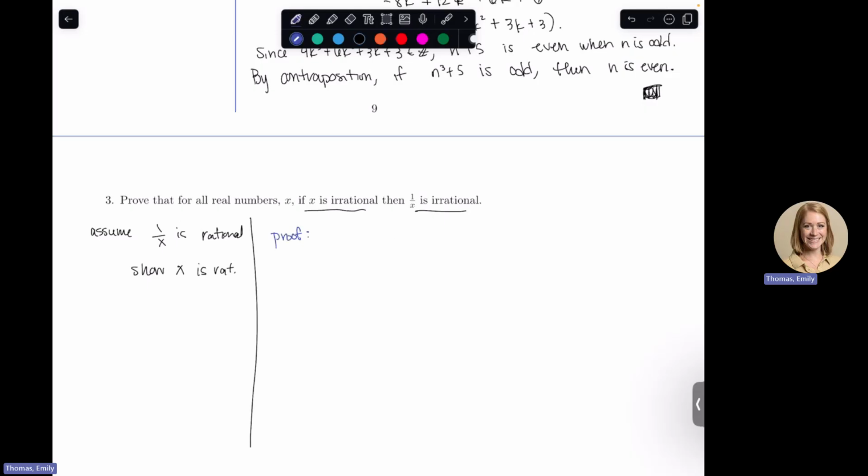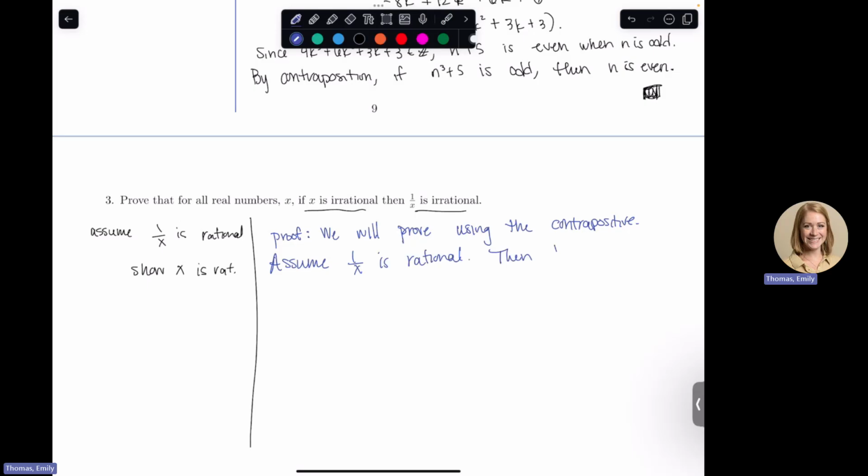Proof. We will prove using the contrapositive. Assume that 1 over x is rational.